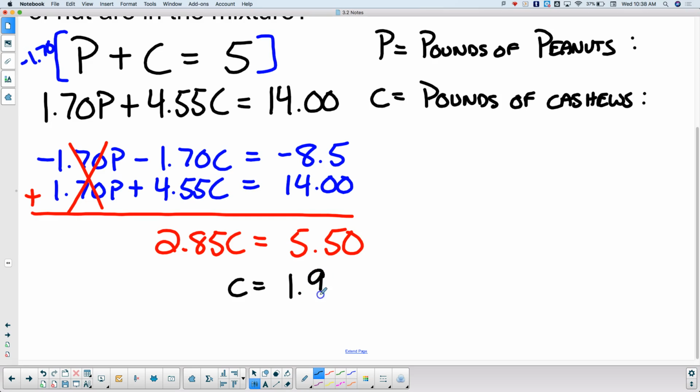Uh-oh. Right? Okay. So, tentatively, we're thinking 1.93 pounds.